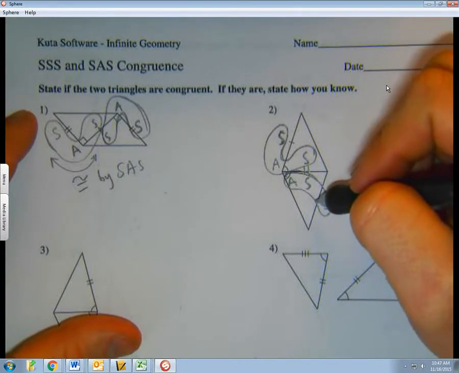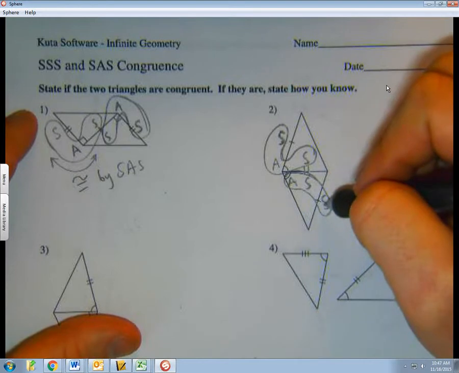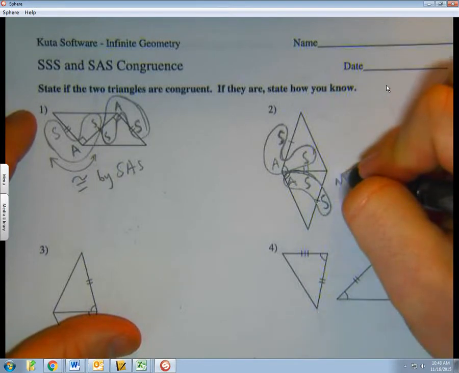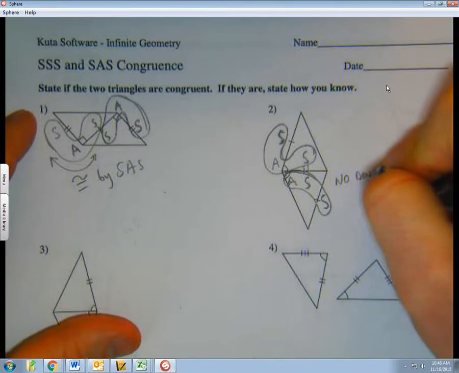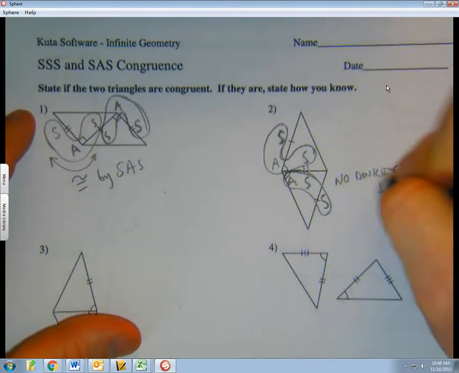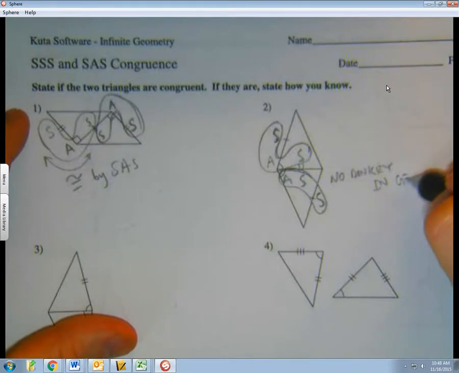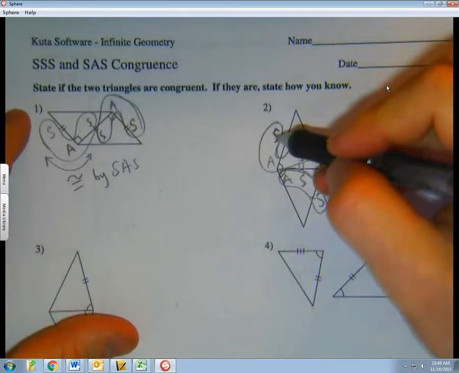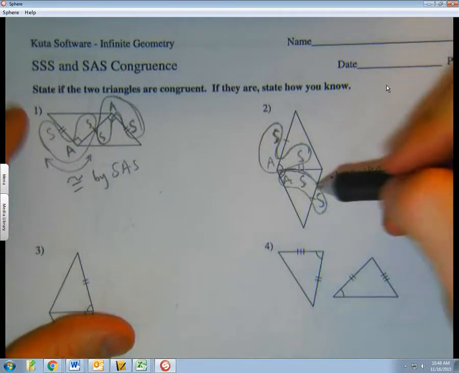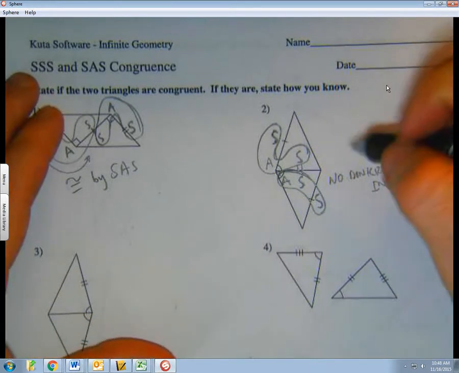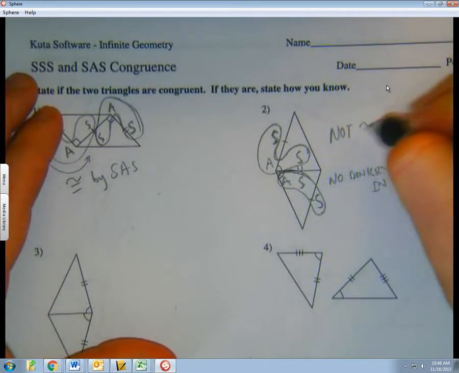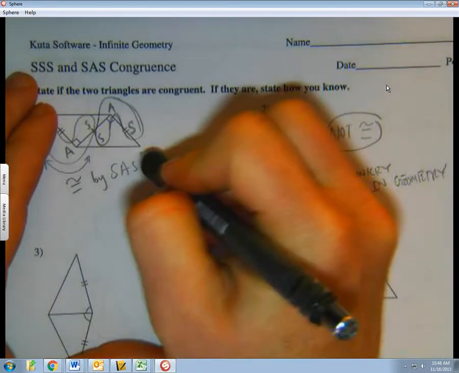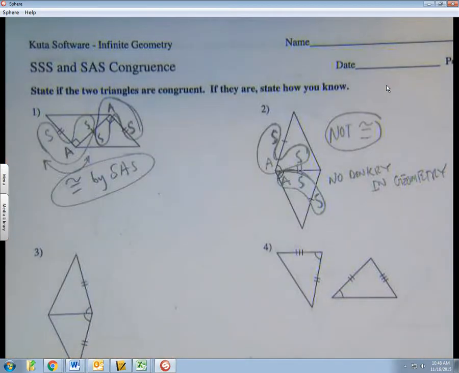So there is none of that in geometry. There is no donkey in geometry. So this one looks good, that one does not look good. So this is not congruent.